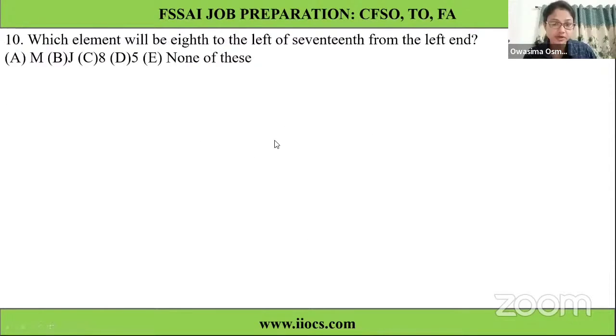Next, which element will be 8th to the left of the 17th from the left end?